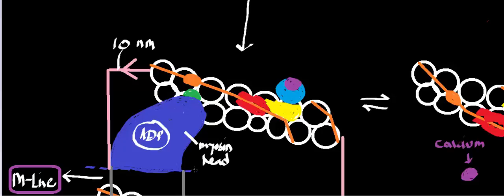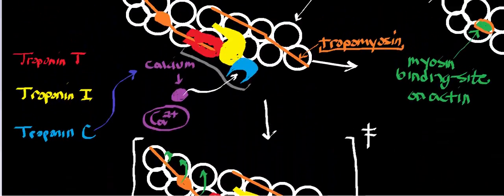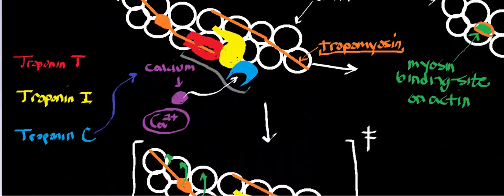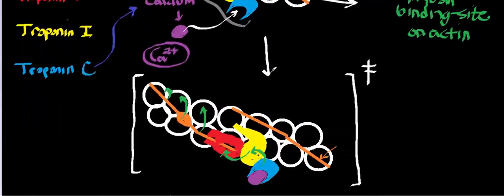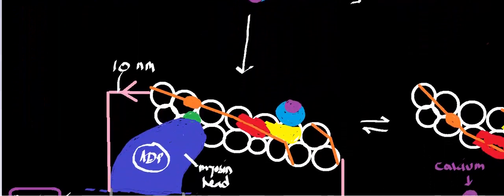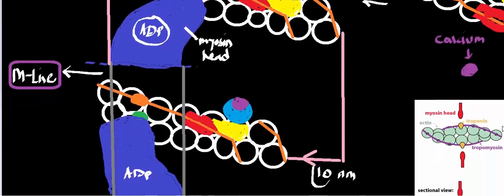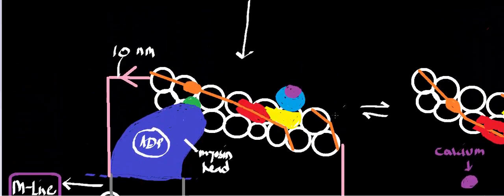But the whole point is, notice that I got this change in conformation of troponin C, which translated to troponin I and troponin T, and that ultimately moved the tropomyosin off of the myosin binding site on actin. So hopefully that gives you a little bit of a visualization of what happened. Calcium binds to troponin C, changes conformation, then moves tropomyosin off of the myosin binding sites on actin. And so I end up with this right here.